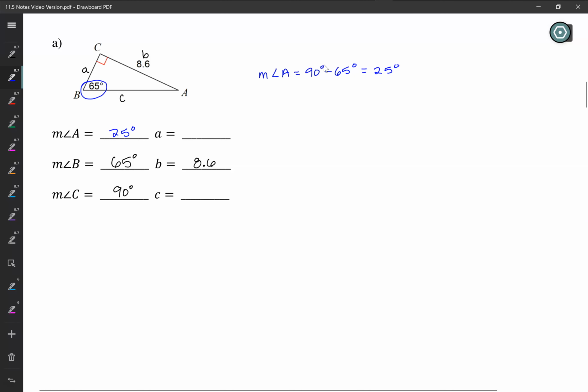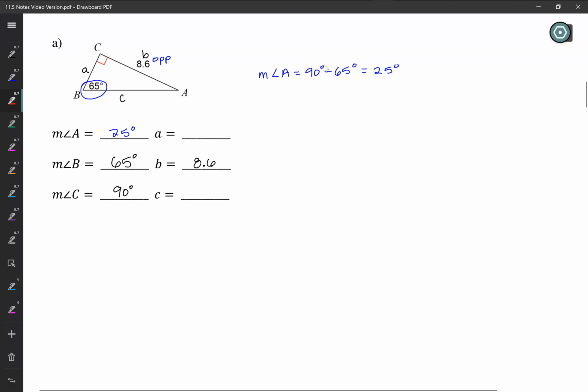So if I focus on that angle, 8.6 is opposite. So I'm going to decide which side to find first. It doesn't matter. You can find A first. You can find C first. I'm unoriginal. I'm going to go in alphabetical order. I'll find A first.